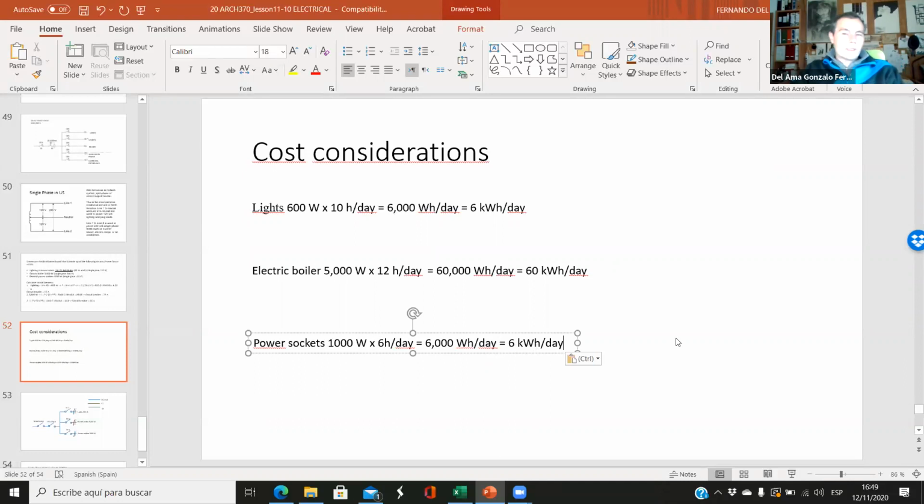We don't know the electricity bill on a daily basis. We have monthly electricity bills, so we have to multiply this times 30 days, and that will be 6 times 30. It's 180 kilowatt hours per month.